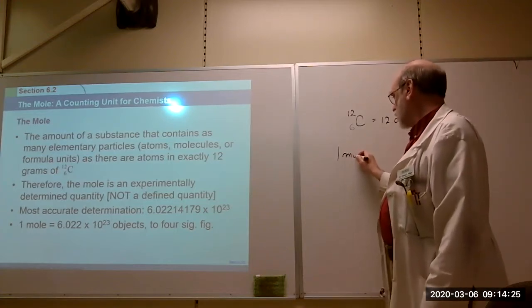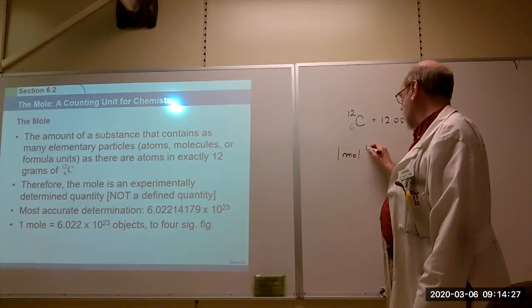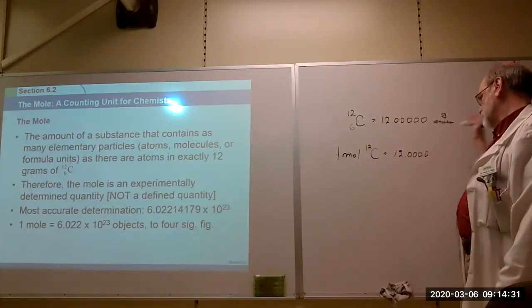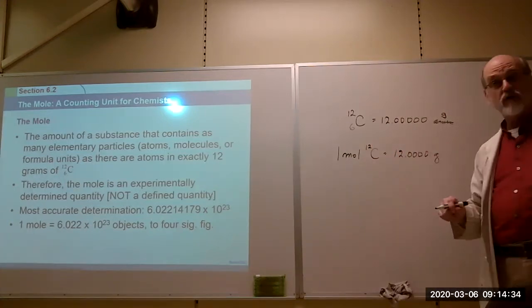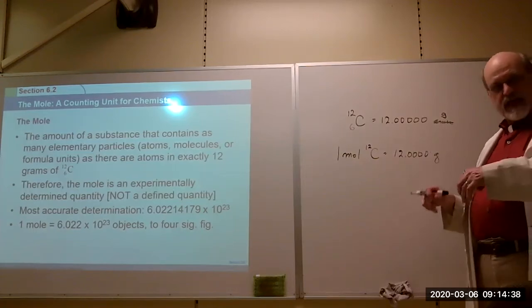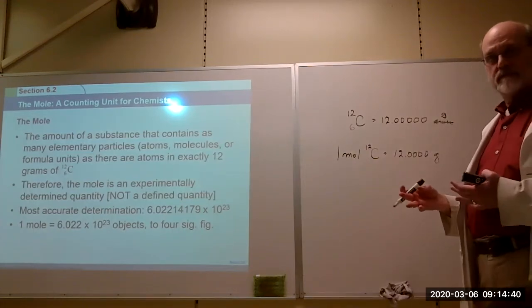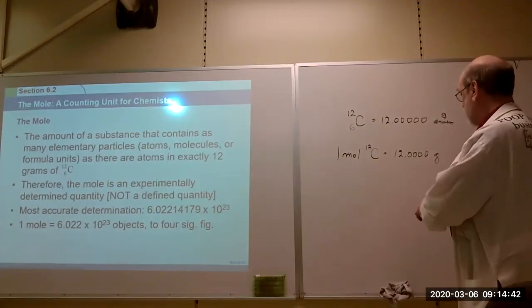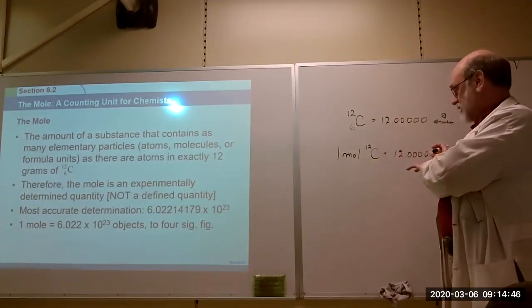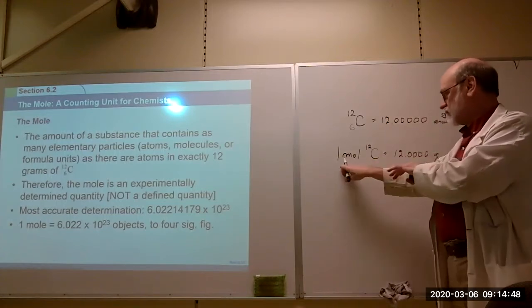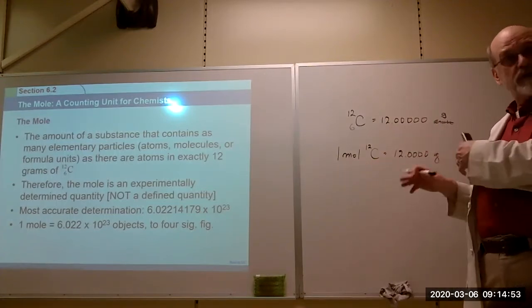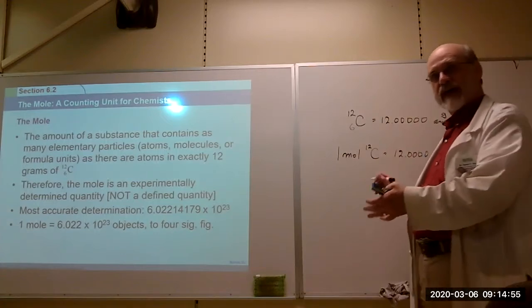So 1 mole of carbon-12 equals that many grams. Right? So it's actually an experimental unit. If you gather exactly 12 grams of carbon-12 together, it will contain 1 mole of atoms, and then that mole is also equal to a number of atoms.